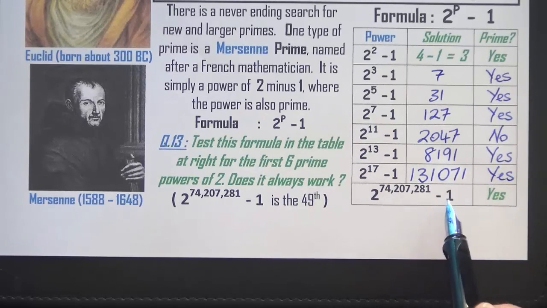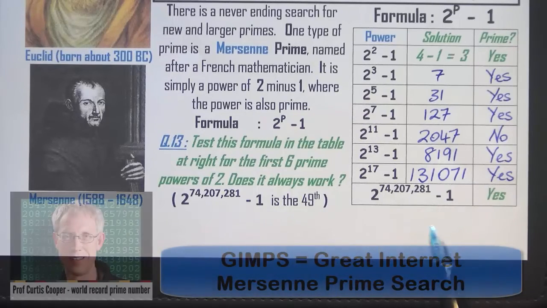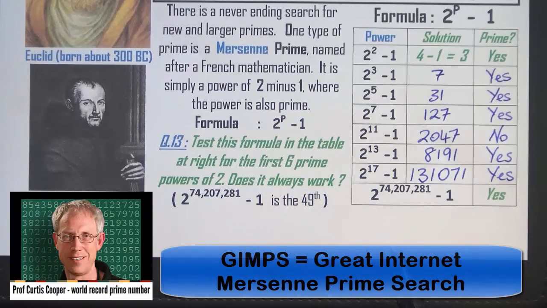Now this is the largest prime number found to date. It was found by Curtis Cooper of GIMPS. They also found the 48th Mersenne Prime. This is the 49th. But I wonder if you can appreciate how big this number is.